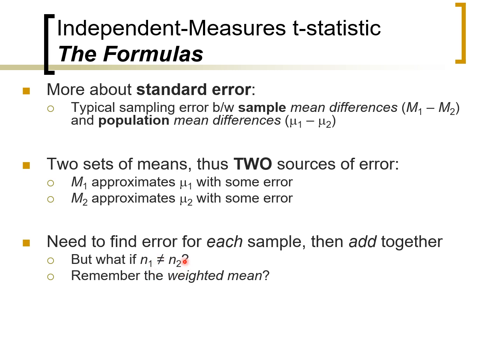But if they're not exactly the same, then we have to account for that, well, the bigger sample is going to have more pull on the overall standard error. Just like with a weighted mean, if we're trying to average the mean of two samples and they have unequal sample sizes, then we have to do this weighted mean formula rather than just the simple divide by 2 average.